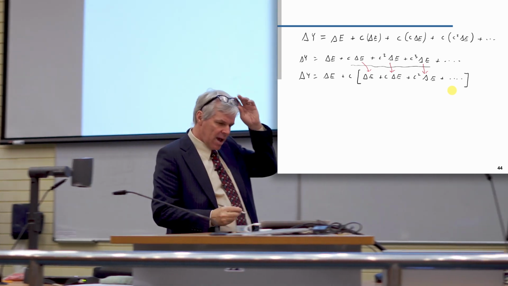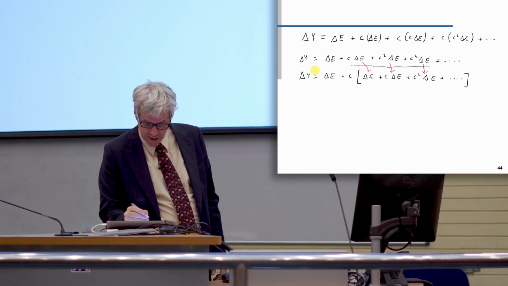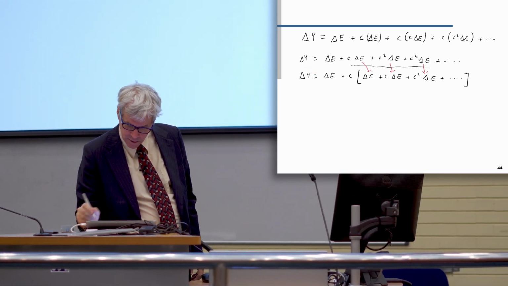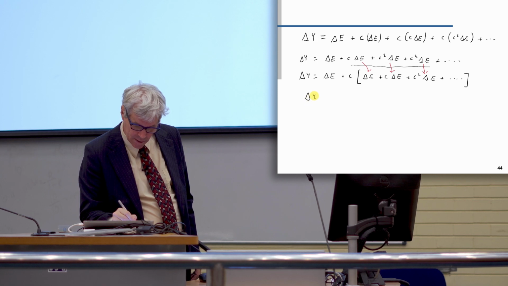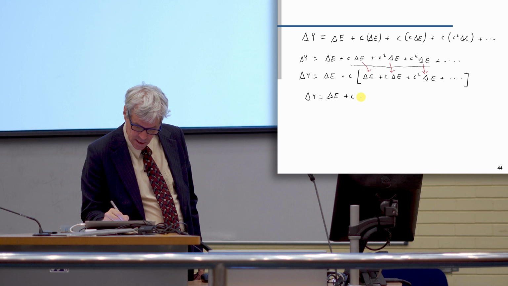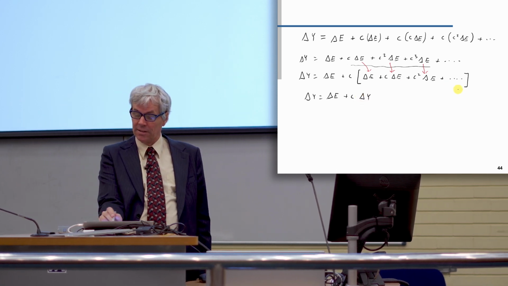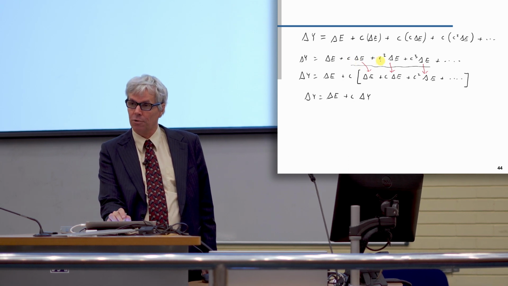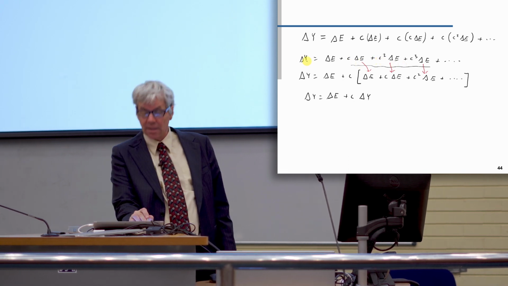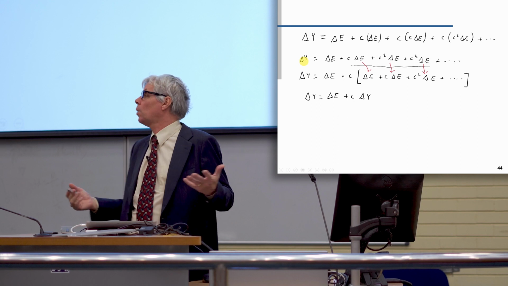So I can rewrite this thing as delta y is equal to delta e plus c times delta y, because all of that bracket stuff is the same as the right-hand side on the previous line, and that's the same as the left-hand side on the previous line, which is just delta y.